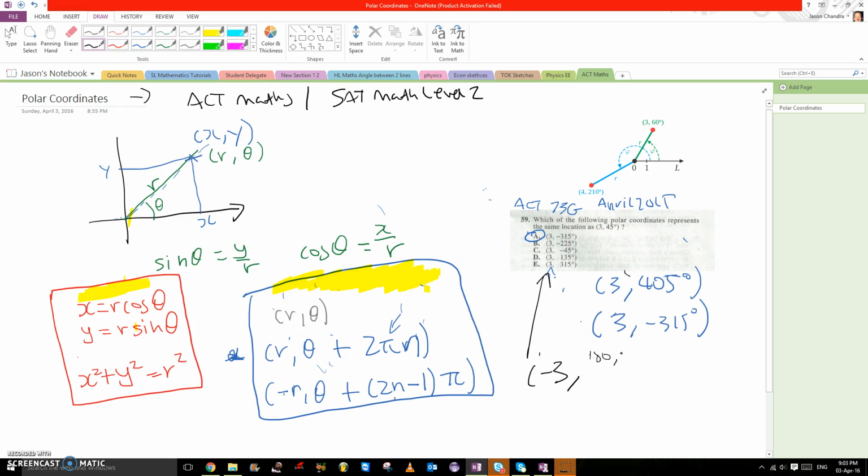So 180, and 180 plus 360, which would be 540, and you just keep adding those, but the base is 180. So for this particular example, (3, 45) will be the exact same as (minus 3, 180 plus 45), which would be 225 degrees. So (minus 3, 225) would also be the same, and so on.